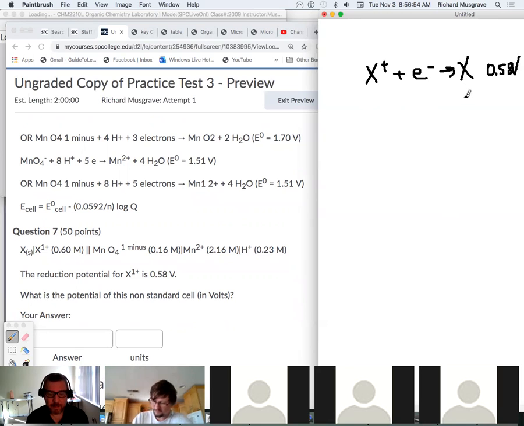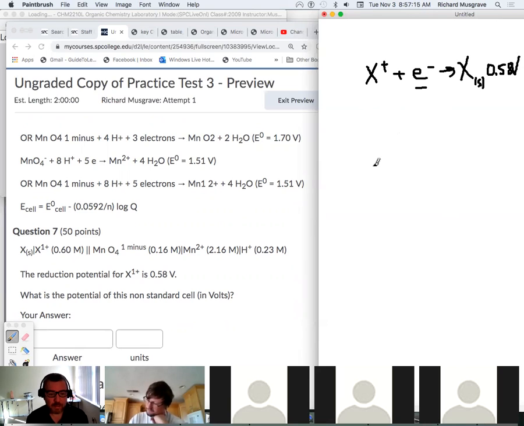Now, I know it's set up this way because it has to be set up as a reduction, which means the electrons have to be on the reactant side. And there's always the same number of electrons added as you have the charge. So it's 1 plus and it's just 1 electron. And that would give X solid.